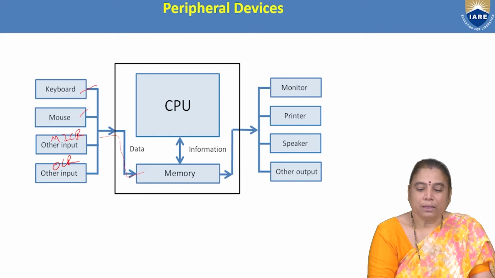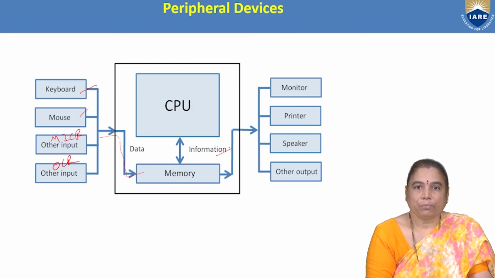After processing, the processed data is generally referred to as information. Whatever information is produced by the CPU can be represented via the output devices. A variety of output devices are available: monitor, printer, speaker, and all these are varieties of output devices.